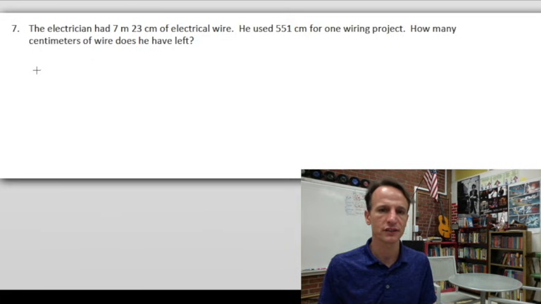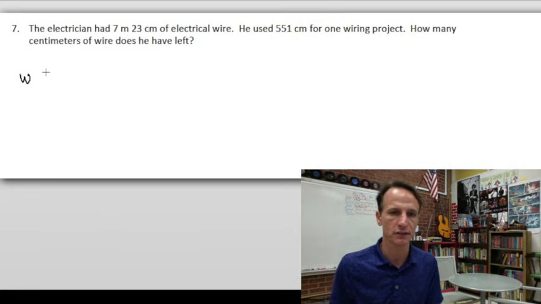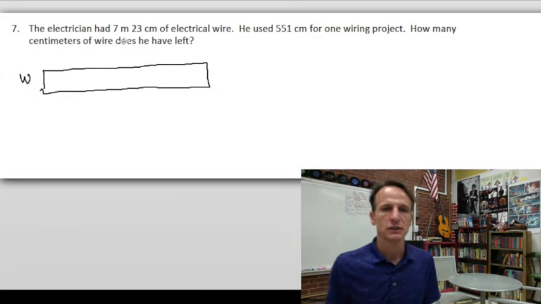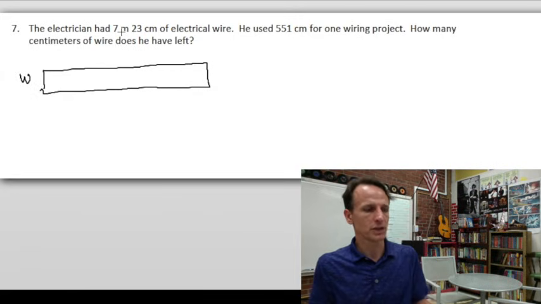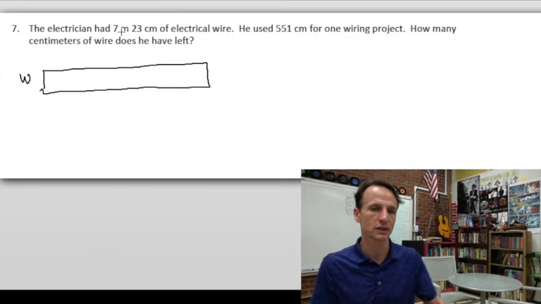So that's what we'll do. So to draw this out, let's call it W for the wire he starts with, right? And that is a known quantity, but let's put it all in centimeters because we know we're going to have to do that. So again, now remember our ratio, meter stick, 1 meter is 100 centimeters.